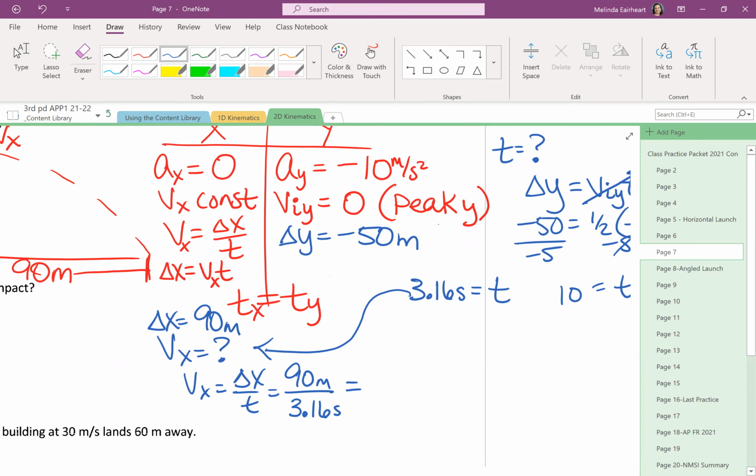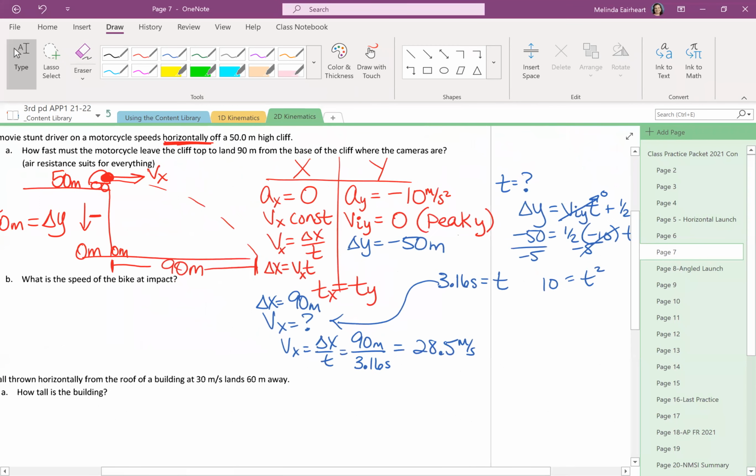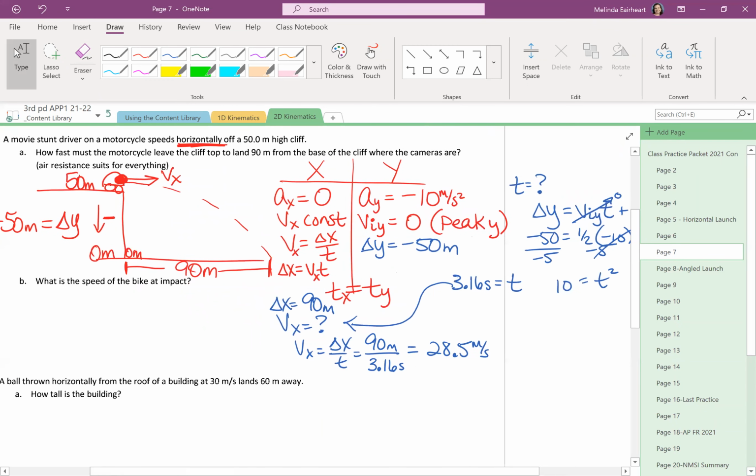Who's got my calculator? 28.46. So 28.5, we'll call it. Okay. And then meters per second. Is that my answer to number 1? A. How fast must the motorcycle leave the cliff top? Did we answer that question? Yeah. It leaves horizontal. Horizontal velocity is constant. So we found it.